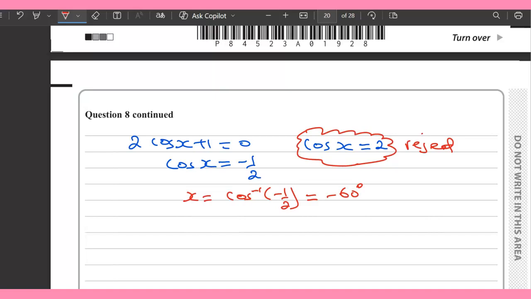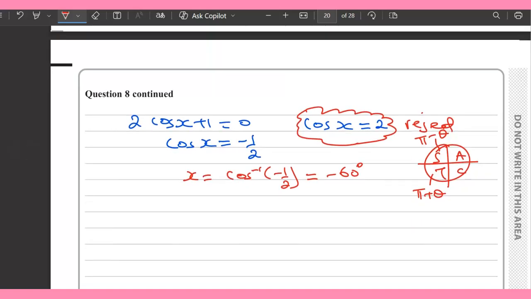Now going back to our unit circle, cos is negative in the second and third quadrant, and remember the range in this case is given in terms of pi radians. So in the second quadrant we'll have pi minus the angle theta, and in the third quadrant we'll have pi plus the angle theta.